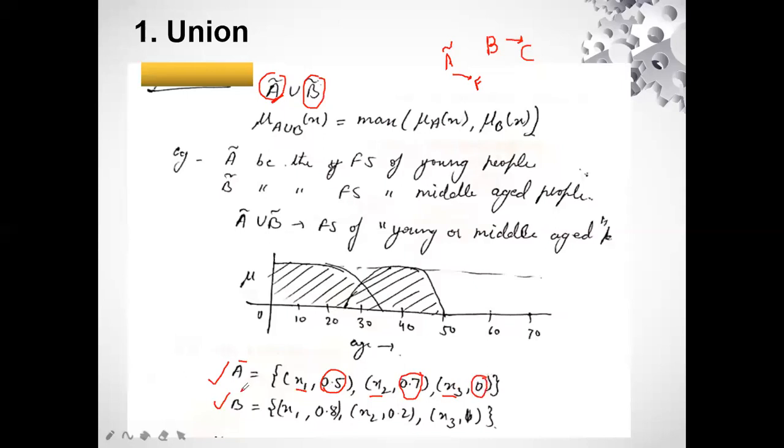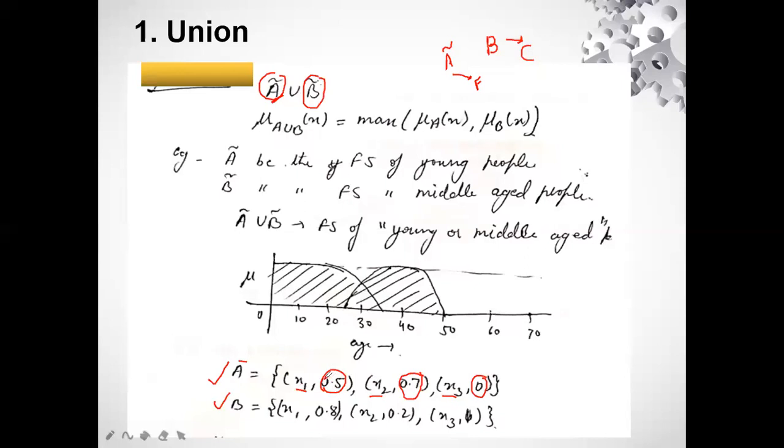For example, if I say that A is a set of elements having the age that is young, then A bar shows that there are three elements, x1, x2 and x3, and associated with them we have the values of the membership function, that is, x1 is 0.5 young.